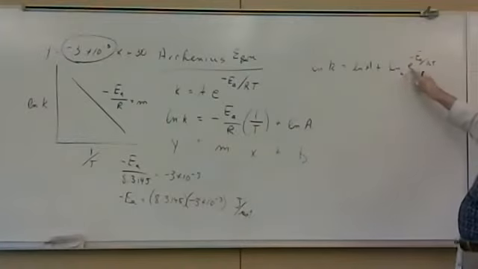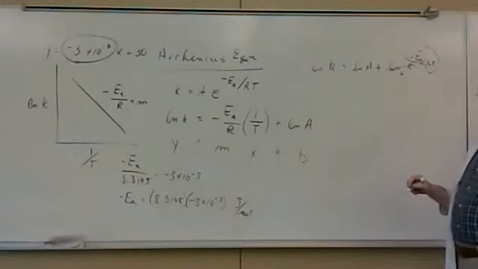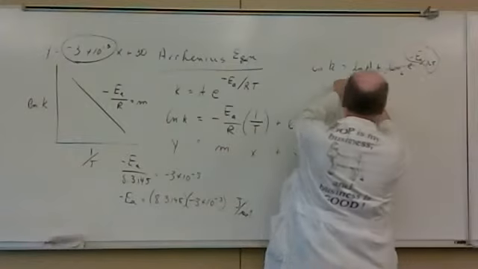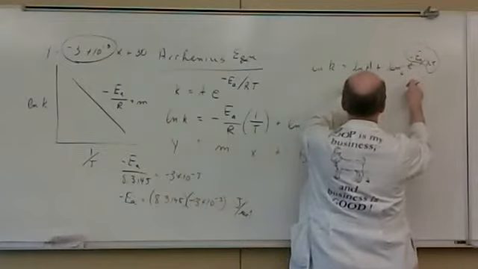Remember, log of e to the base e is just this value right here. So then you get log of K equals log of A minus E sub A over RT.